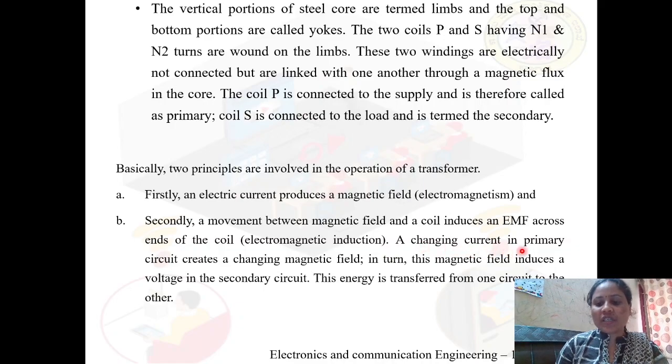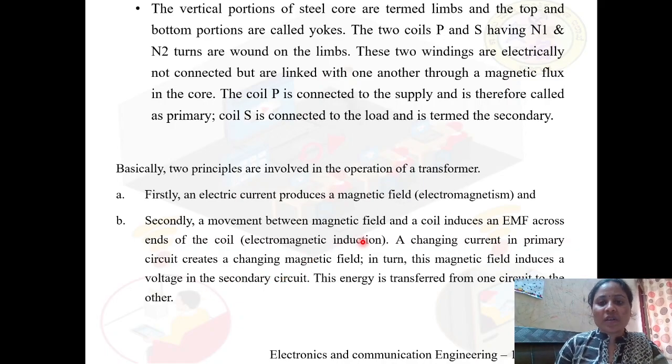A changing current in the primary circuit will create a changing magnetic field, and this change in magnetic field induces the EMF or voltage in the secondary circuit. Hence, the energy is transferred from one circuit to the other.